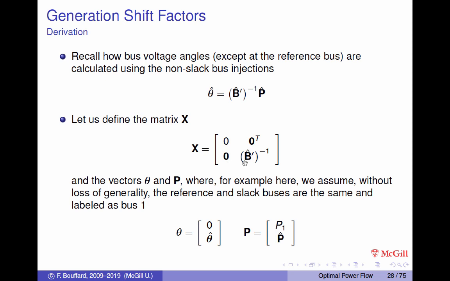So when you look at this, effectively the theta vector is 0 for the reference node, and the vector of non-reference angles, and this is here the vector of power injections, which here we have P1, or effectively you could call it P reference, and the vector of non-reference node injections.